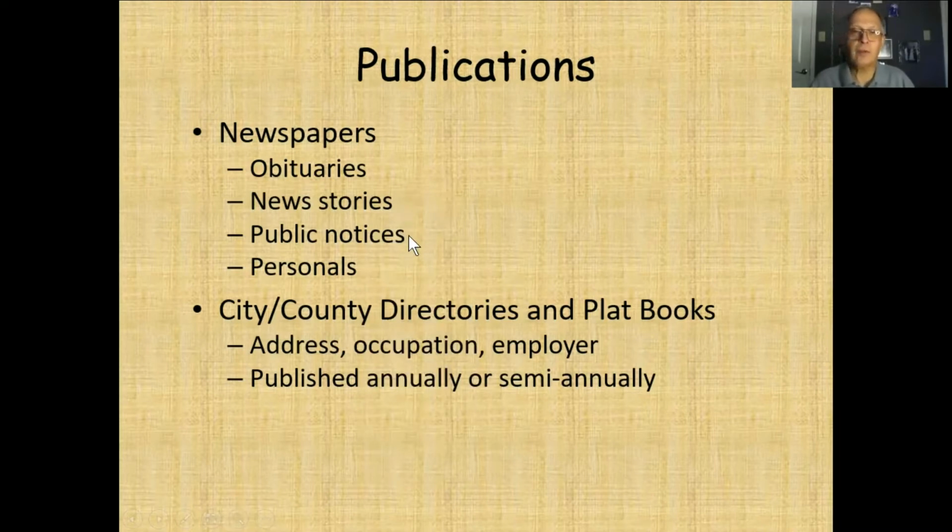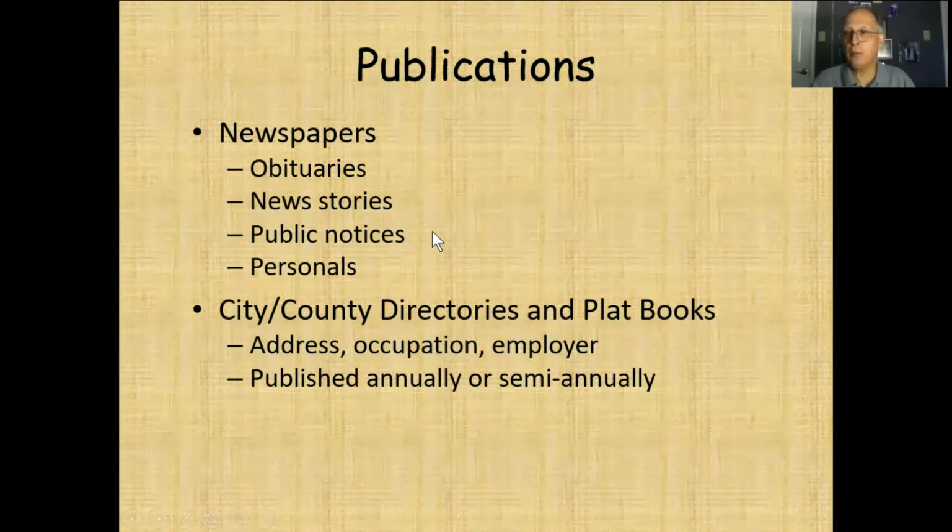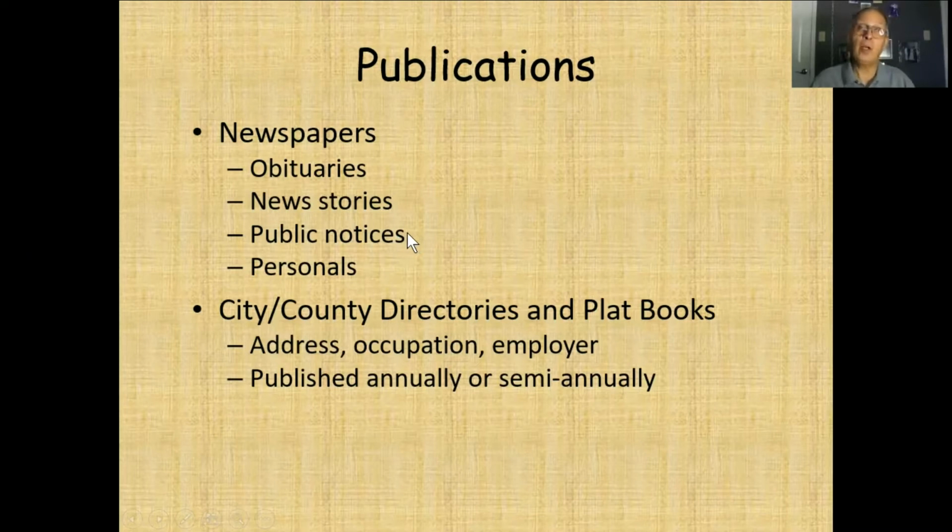Public notices, you'll find people trying to find somebody to serve notice that they're divorcing, or that they will no longer be responsible for a certain person's debt. Personals, besides the persons looking for love, the small town papers especially indicated when people went and visited their relatives in California or even the neighboring town.